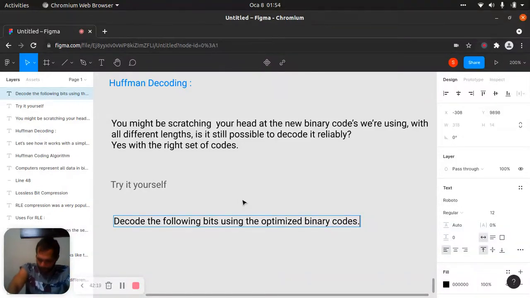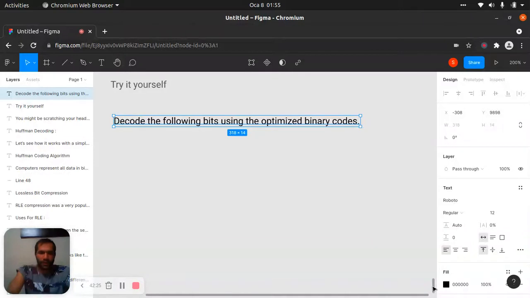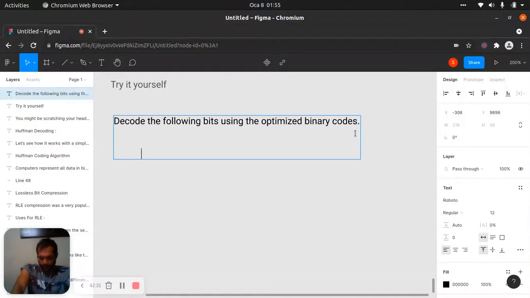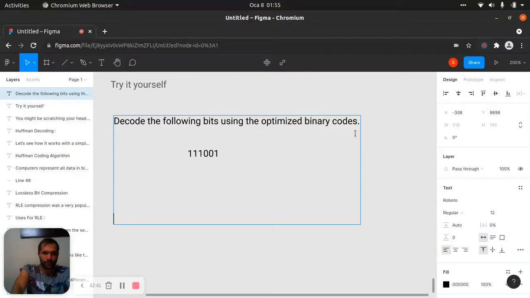Our key will be here, so our bits will be here, and I will ask you what it is, and you will tell me 1 1 1 0 0 1.